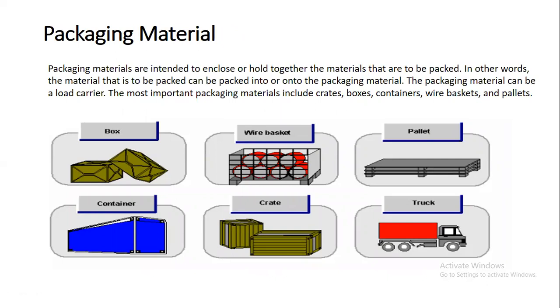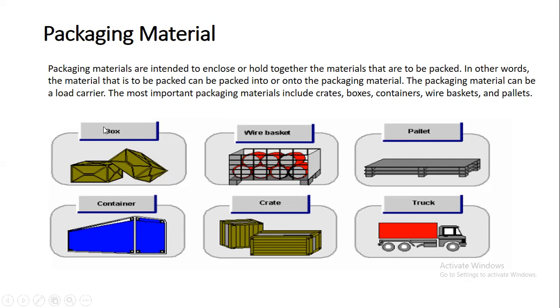Packaging materials are intended to enclose or hold together the materials that are to be packed. In other words, the material that is to be packed can be packed into or onto the packaging material. The packaging material can be a load carrier. The most important packaging materials include crates, boxes, containers, wire baskets, and pallets.